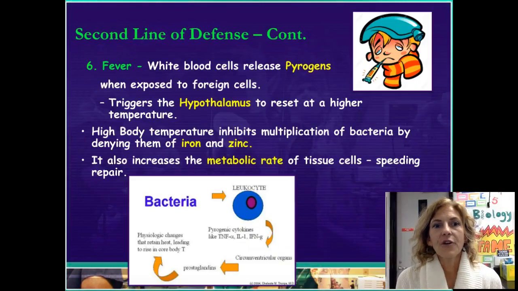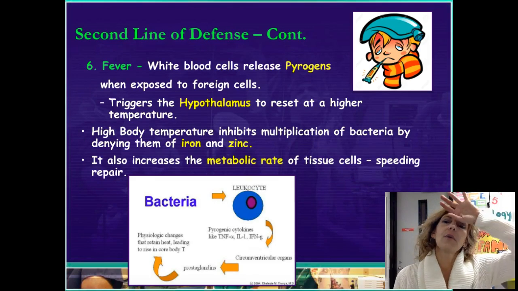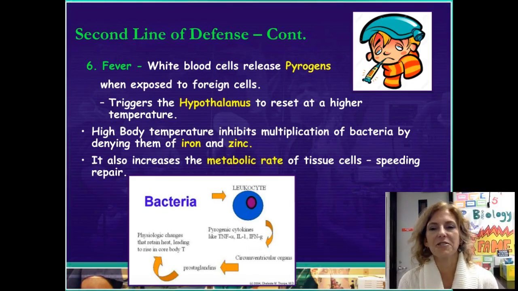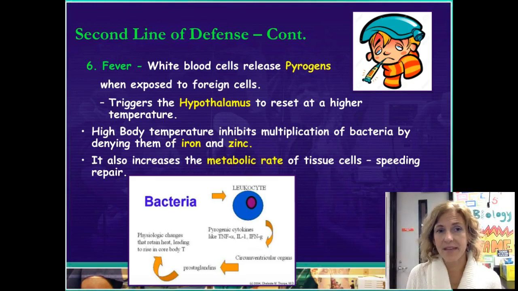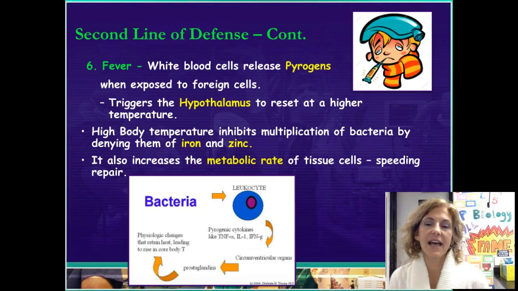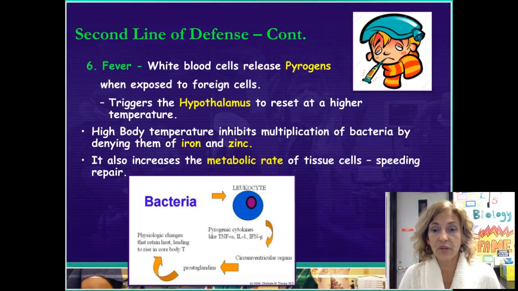So the last of your nonspecific defenses is fever. So we all know when we're sick, we get a higher temperature than normal. Why does that happen? One of the chemicals that white blood cells can produce and release is called a pyrogen. Pyro has to do with fire, gen, producing. So we're producing fire, which is that fever, right?